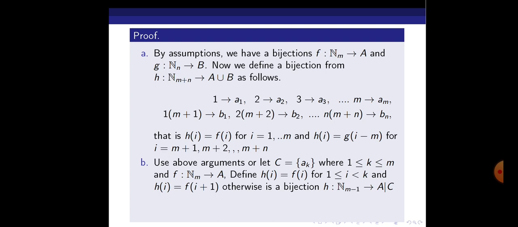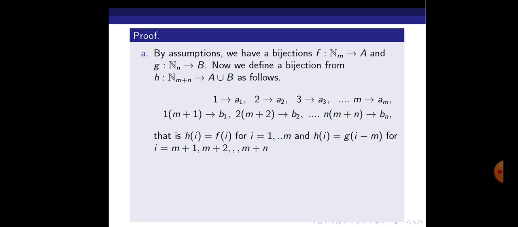So clearly H is a bijection from N suffix m minus 1 onto A minus C. So A minus C contains exactly m minus 1 elements. This is another way of proving statement B.